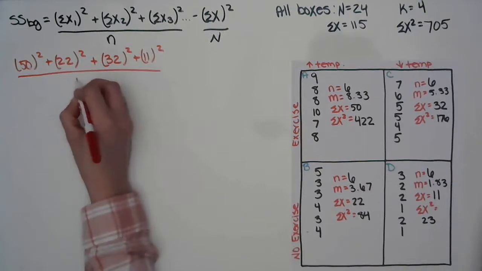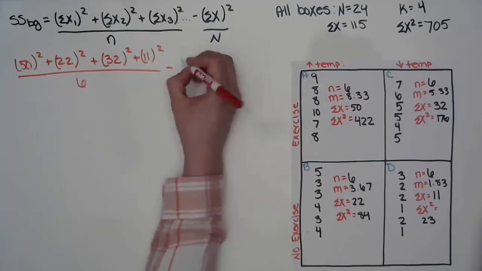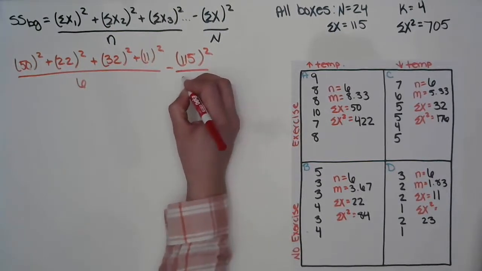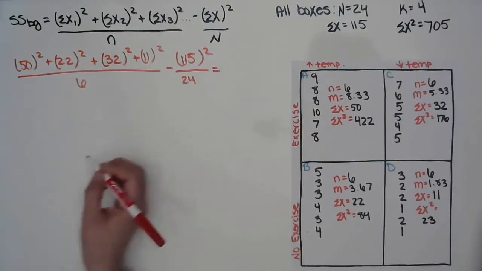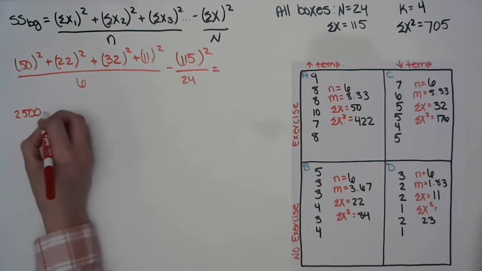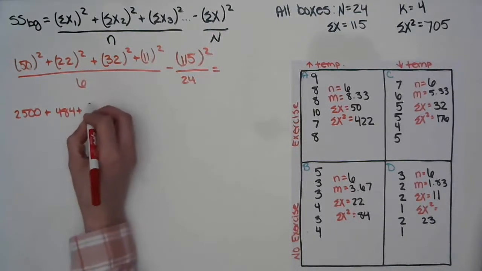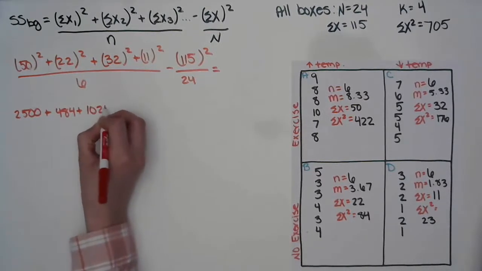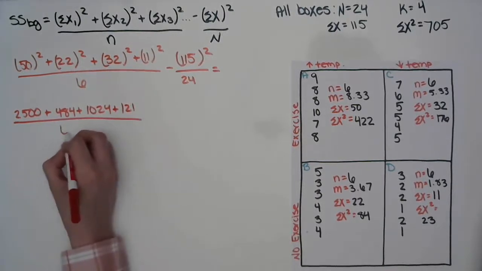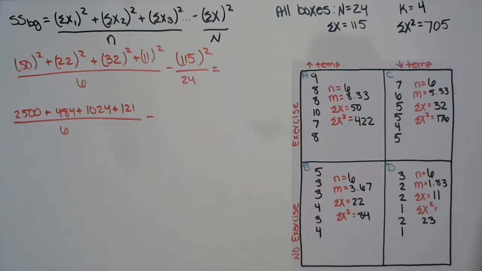All of that is going over 6, minus the sum of the raw scores for all the groups, 115, squared, over our N value for all of our groups, which is 24. So 50 squared is 2,500, plus 22 squared is 484, plus 32 squared is 1,024, plus 11 squared is 121. All that is going over 6. And we're subtracting 115 squared, which was 13,225, over 24.